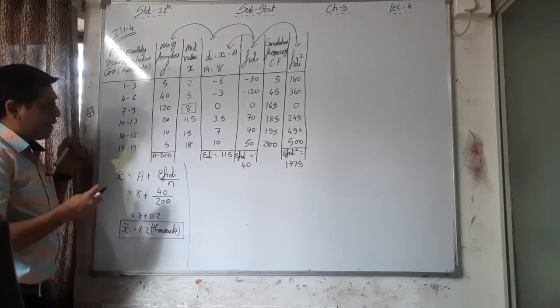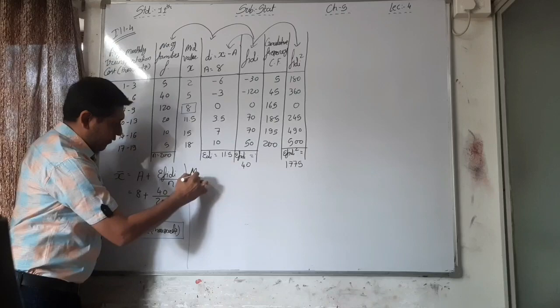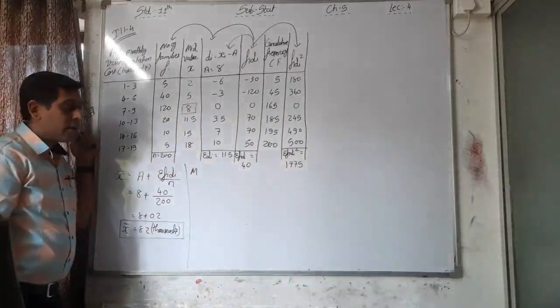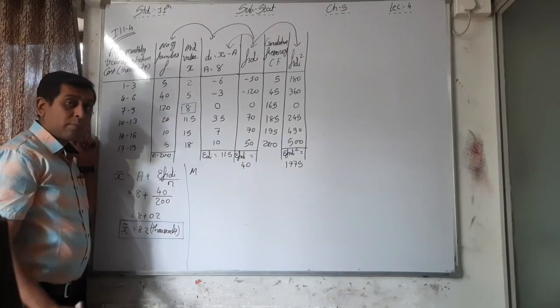Now we have to find the median, and for that, since this is continuous grouped data, we first have to find the median class.